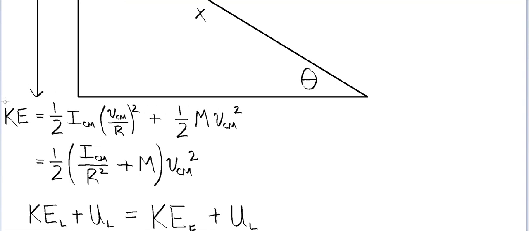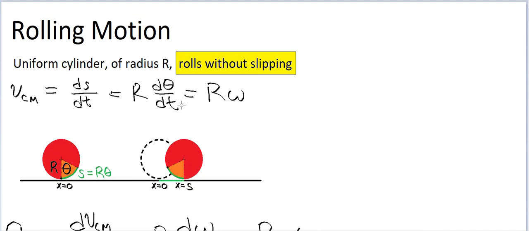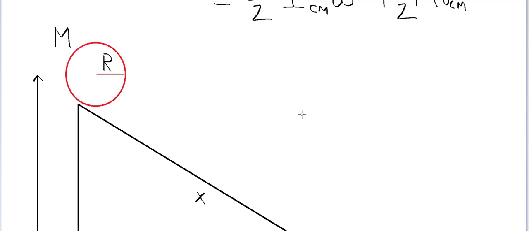And so we could say that the kinetic energy is half I center of mass times VCM over r squared, right? That's just omega, VCM over r, right? Because previously we've said that VCM is r times omega. So omega is just VCM divided by r.